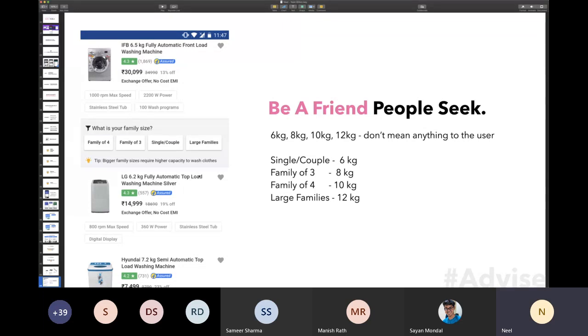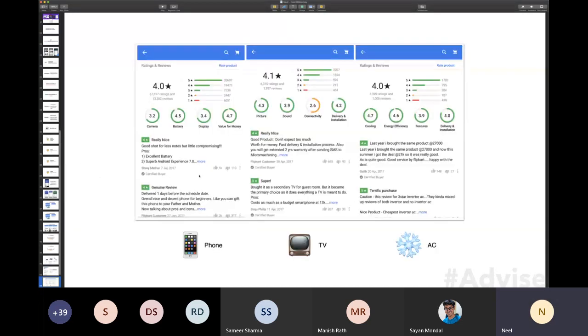If you have a family of four, you need at least a 10 kg washing machine to wash all their clothes. If you're a single person, 6 kg is more than enough, so you don't need to buy a larger one. That's how you help people understand, and how you break it down for them.